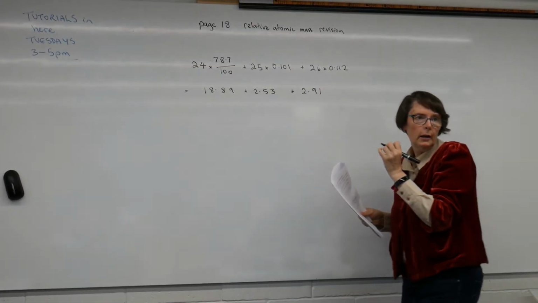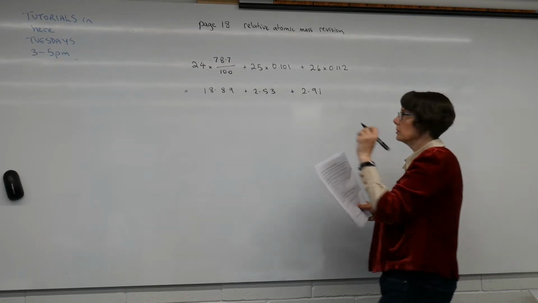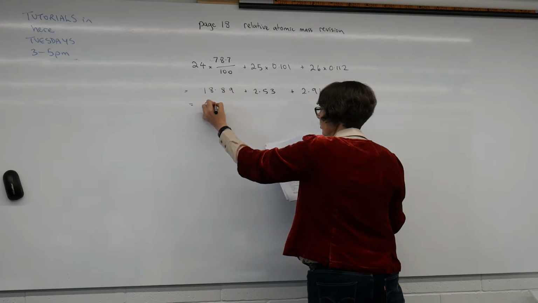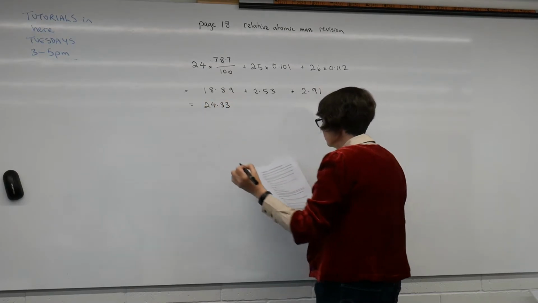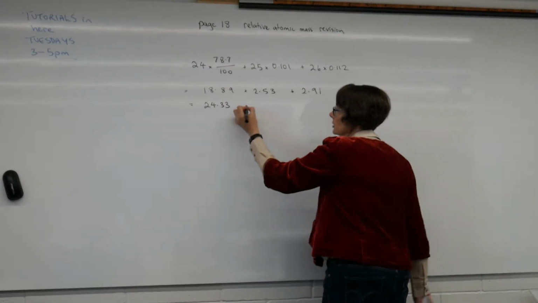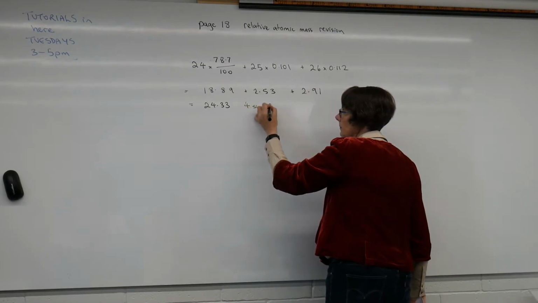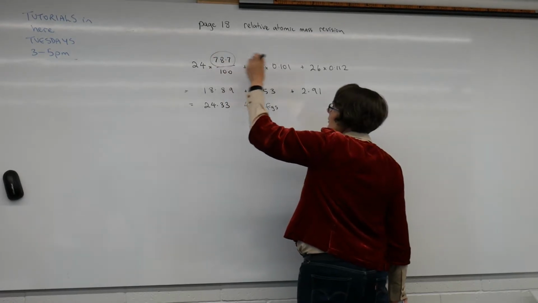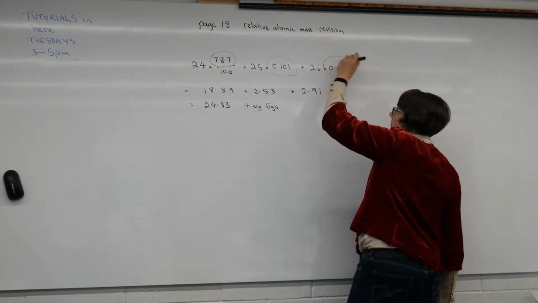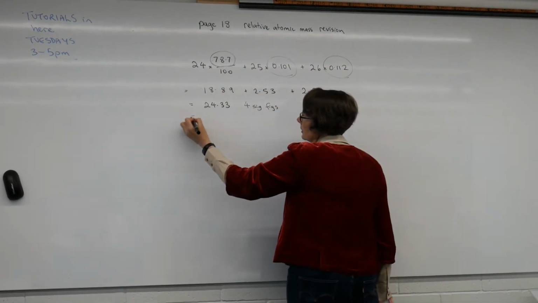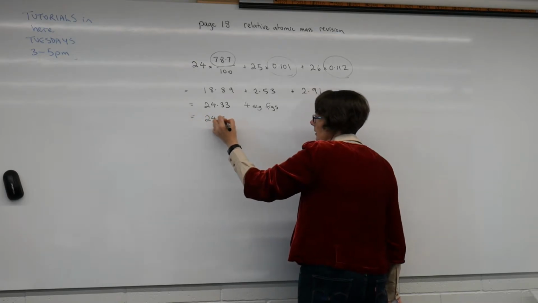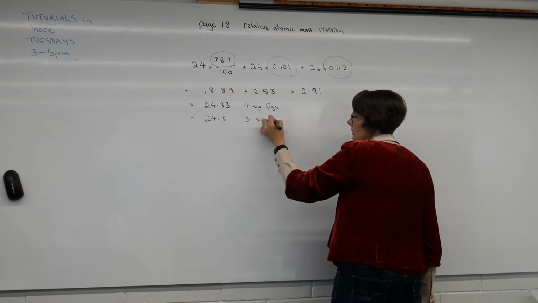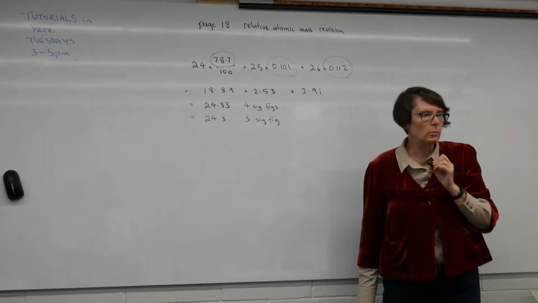I wouldn't write it out in a calculation because that's really enough working, which then gives us 24.33. This is 4 sig figs. But all of our percents were given to 3 sig figs. So we're going to change our answer to 24.3 so that it's to 3 sig figs to match the information that was given in the question.